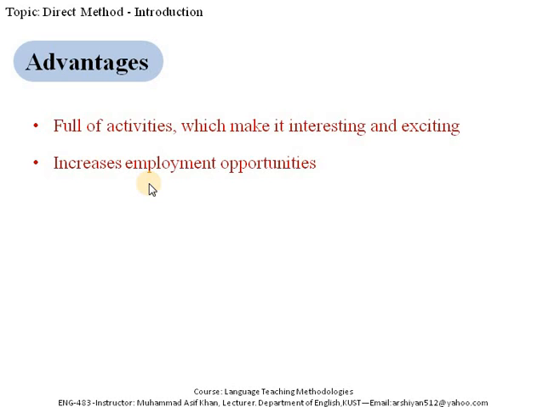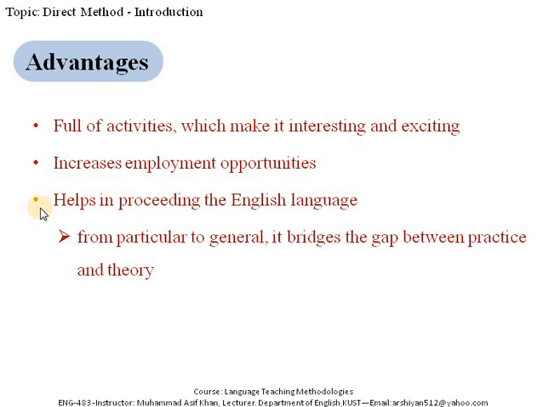Basically, the advantage of this method is that it proceeds from particular to general, and in this way it bridges the gap between practice and theory. So when we are using the direct method, we are using language practically.